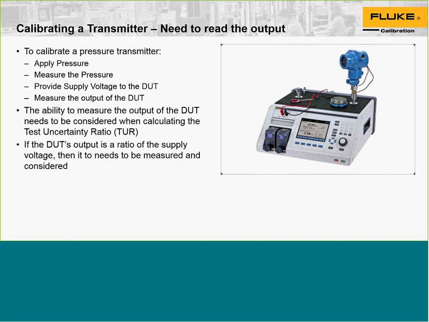These need to be considered when calculating the test uncertainty ratio. You'll see situations where, since you're calibrating a pressure device, you may look at, okay, is my pressure standard sufficiently accurate for this measurement? And compare the specifications of your device under test with the measurement specifications of your standard.